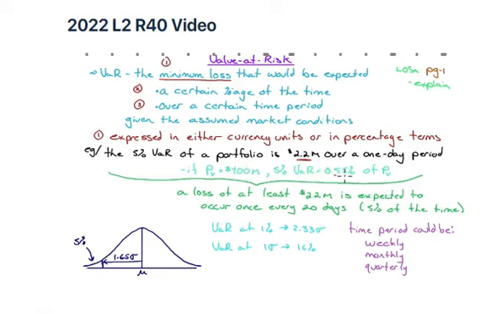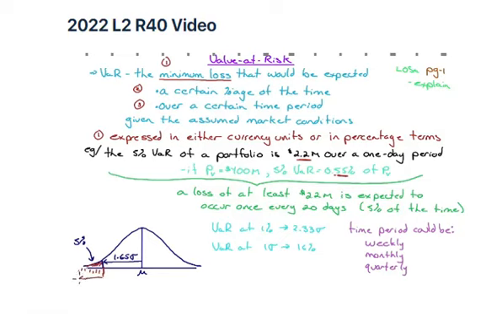To conceptualize it in normal probability terms, if this is our expected return on a daily basis, stated over a one-day period, we would have a daily standard deviation as well. The 5% threshold here is 1.65 standard deviations away from the mean, and 5% is everything under here. Notice that if we're talking about a loss, the loss gets bigger into the tail, right?